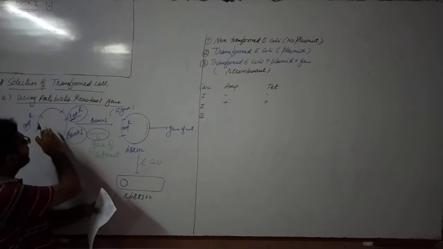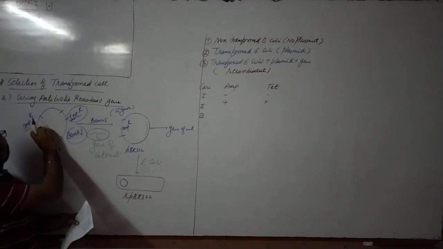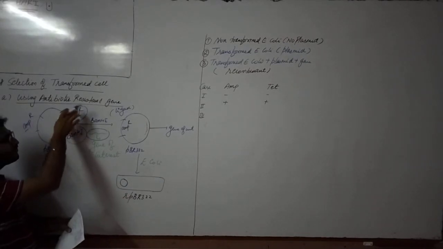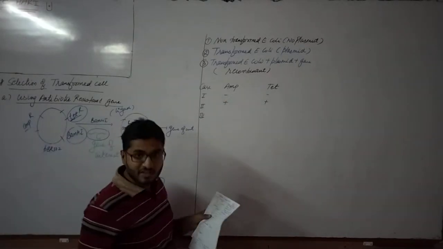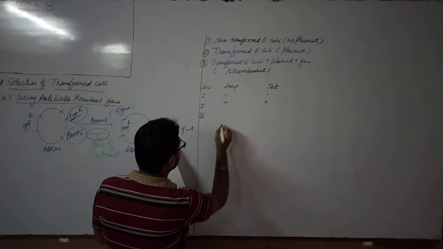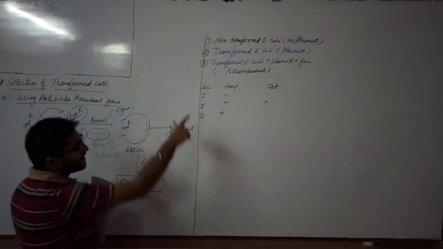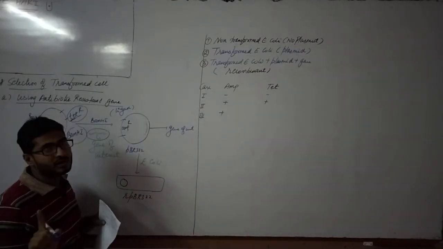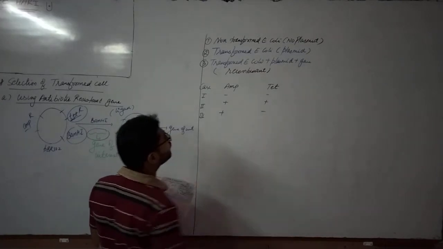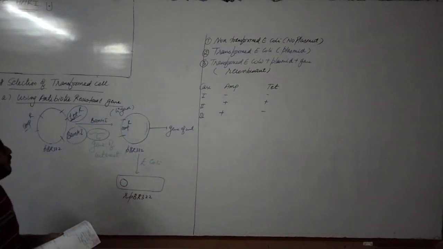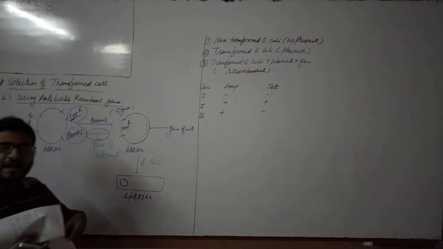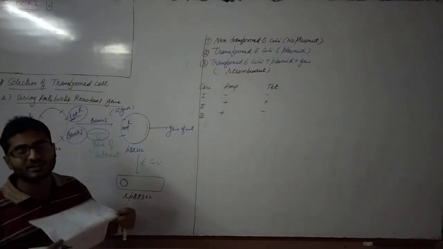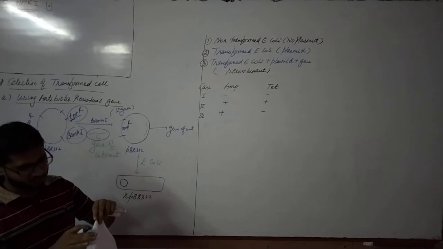Ampicillin resistance is still there because we have not touched this site. We have only played with this site. So if it is an ampicillin-containing medium, the cells will grow. And in the case of tetracycline, cells will not grow. Why will cells not grow? Because we have introduced the gene of interest in this segment, and after inserting it, that resistance is lost.